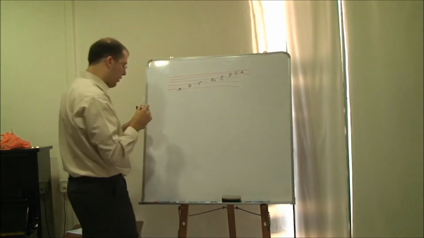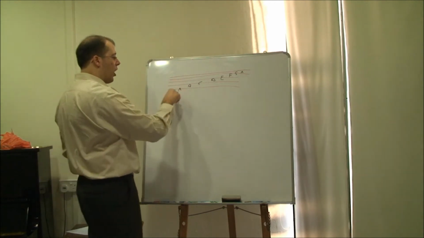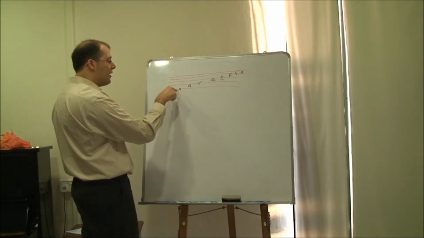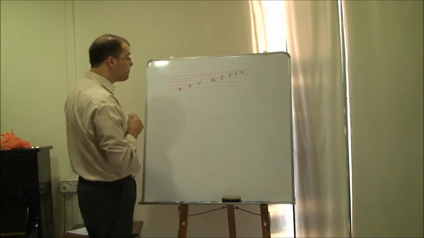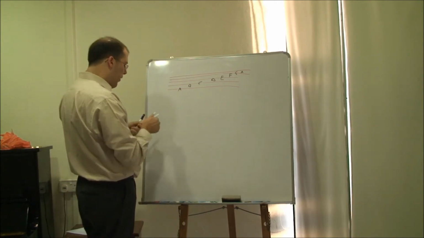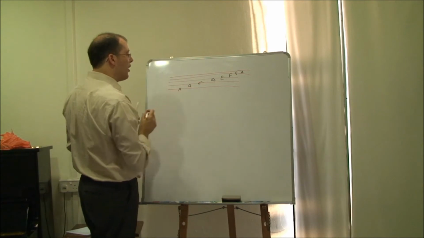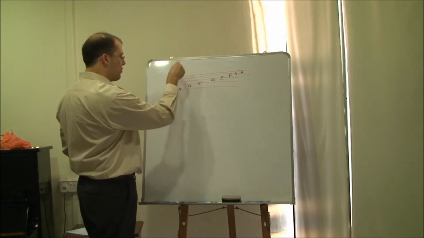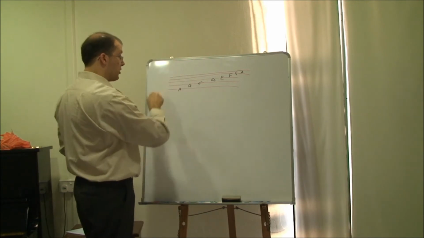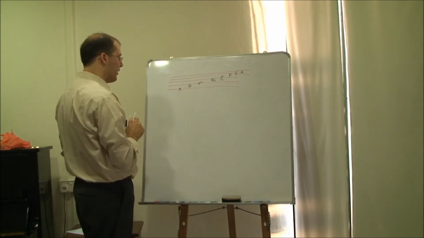So what I've done now is I've just picked arbitrarily to start the note at the bottom line with an A. But in practice we don't have quite that much freedom, because if you could just put any note in any position, it would be quite difficult to read.